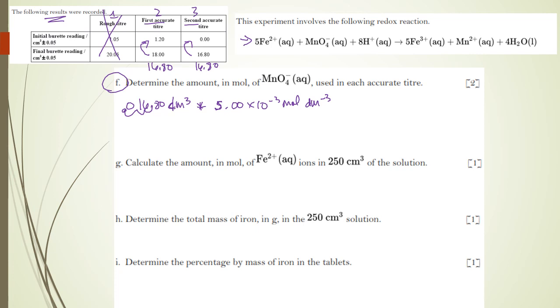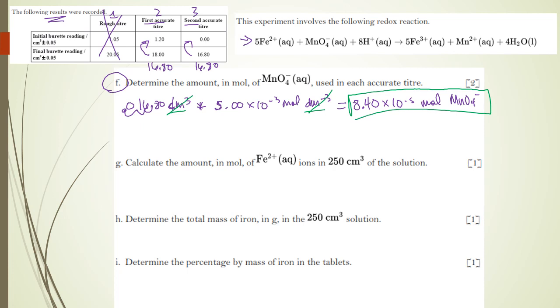Calculator says 8.4. I'm going to keep one more sig fig, times 10 to the minus 5 moles of MnO4-. That's because when I multiply dm^3 by dm^-3, they cancel out. So here is our answer to the first part of the problem.